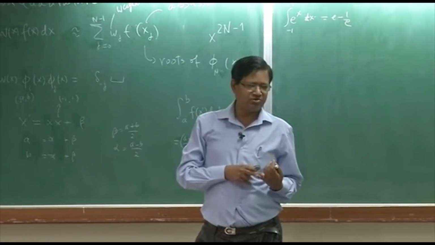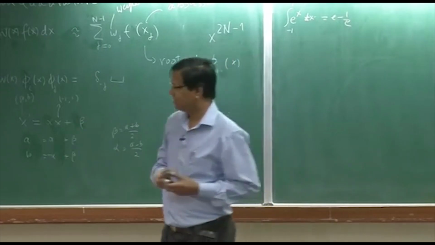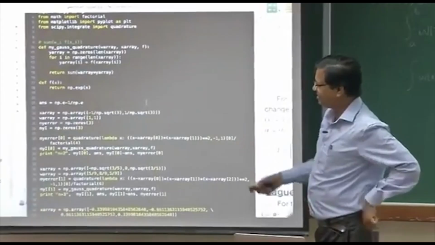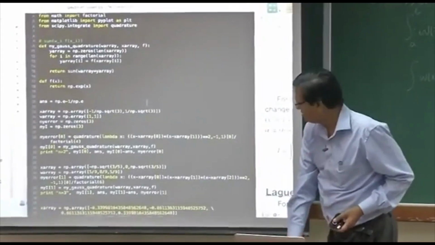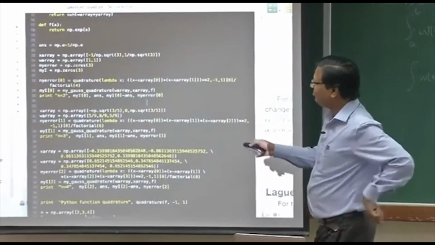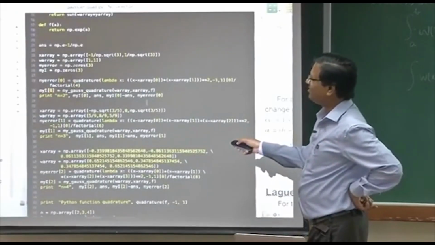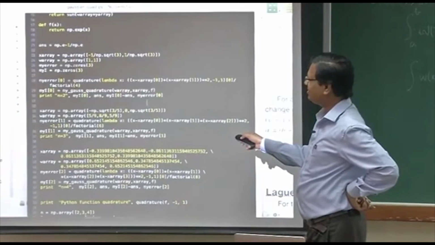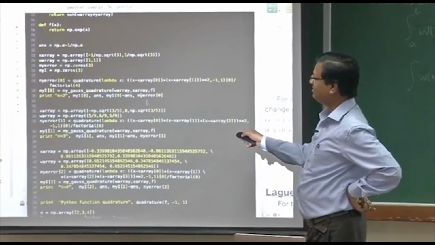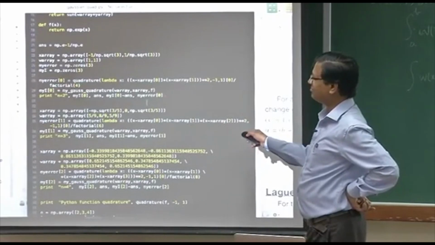That is why I have created my error with 3 entries. Just look at this line: my answer is my quadrature, with the weight, X array and F. So this is my answer.